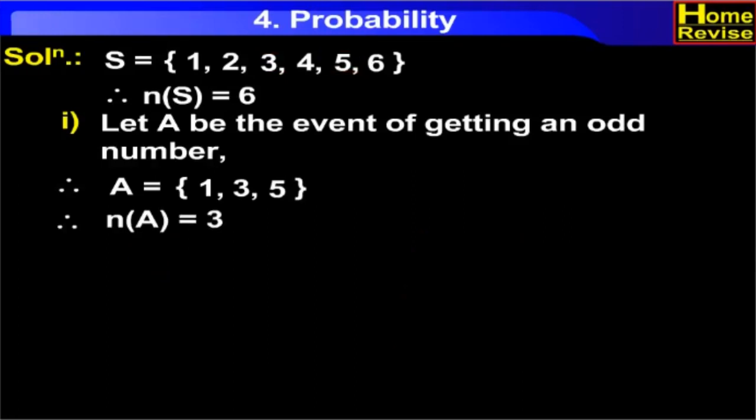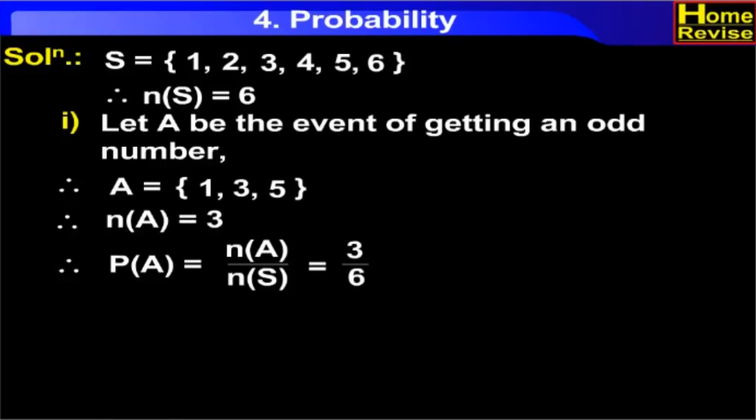Therefore, n(A) is equal to 3. Therefore, probability of A is equal to n(A) upon n(S) is equal to 3 upon 6. 3 ones are 3, 3 twos are 6. Therefore, probability of A is equal to 1 upon 2.